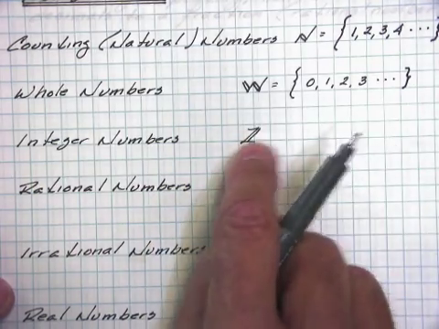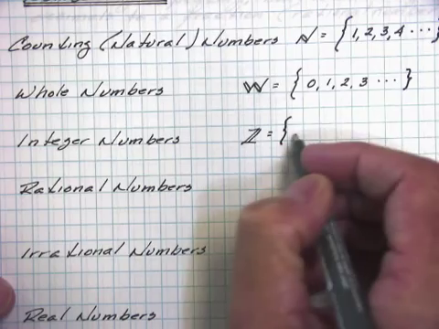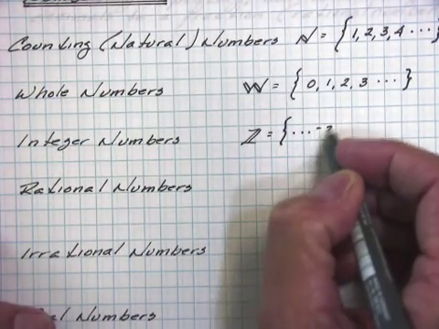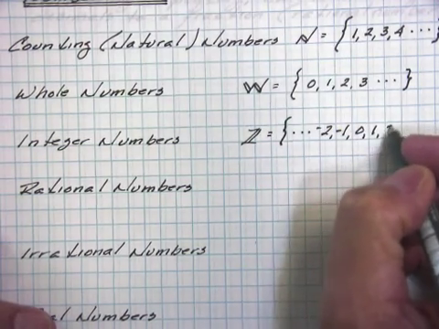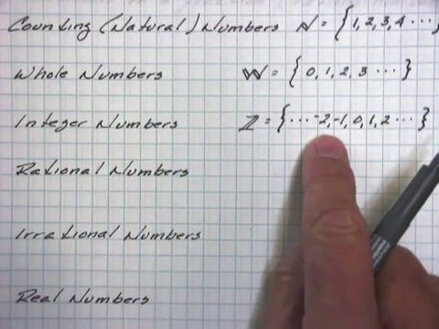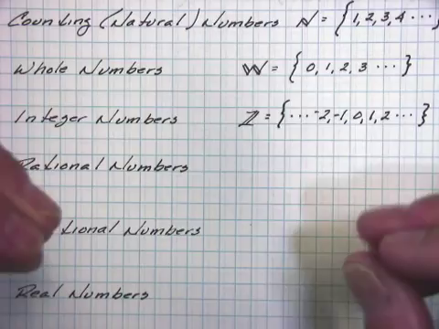But we've got capital Z, and that's a double bar there. So the set of integers is, you can start at negative infinity and build up, and then you go -2, -1, 0, 1, 2, and then you just keep going to infinity. So there's your set of integer numbers.